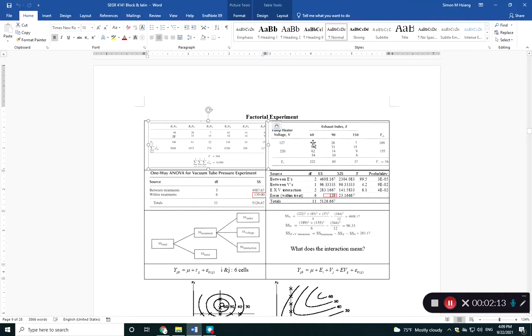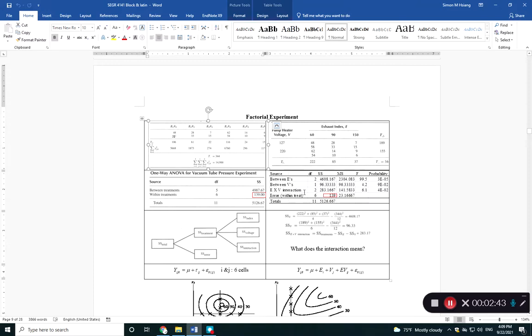Almost like I have 6 treatments, right? Let's just say E1, E2, E3, and V1, V2. So I can have E1, E2, E3 with V1, and E1, E2, E3 with V2. So totally, how many treatments do I have if I treat each one of them individually?